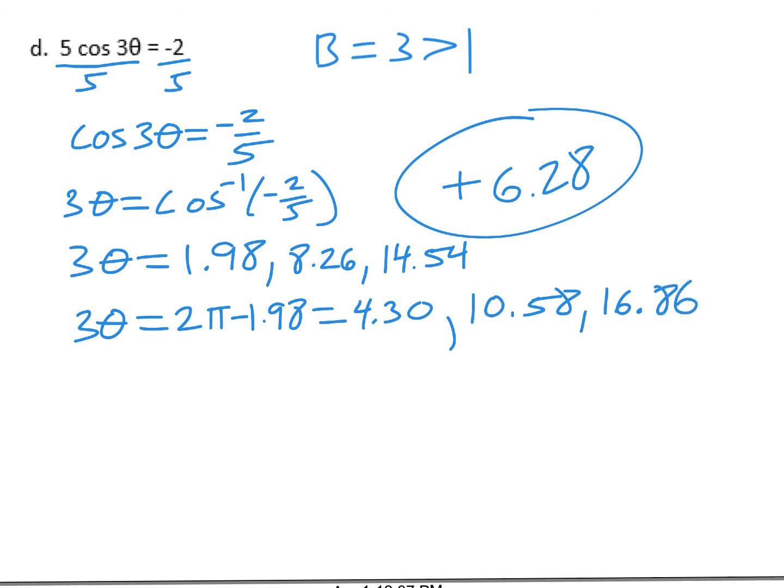Again, to get those 4 extra solutions, all I did is add 2 pi, approximately 6.28. B is 3, so I stopped once I had 3 of them. Now we're good to go. We've addressed the fact that we're really going to get 6 solutions.